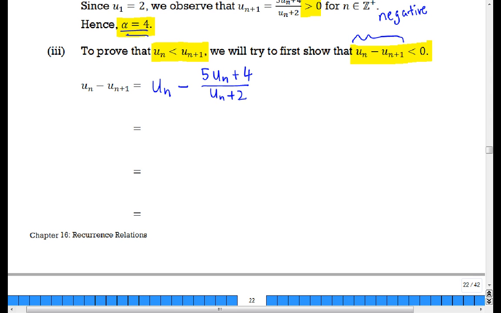So far so good. This is a very standard step. Consider un minus un plus 1. If we can eventually show that this expression is negative, our job is done. Make sense? And how do we get started? We replace the un plus 1 with the expression in terms of un. That means replace with the recurrence relation.